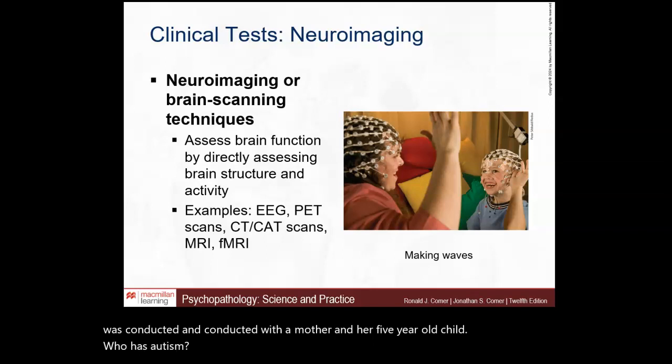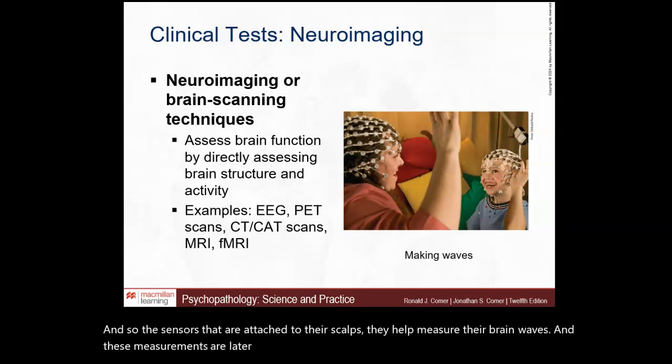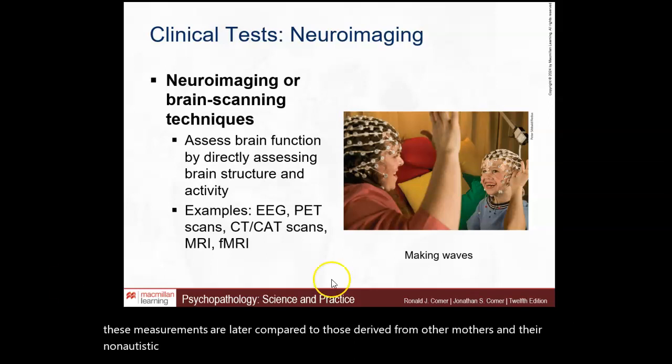The sensors that are attached to their scalps help measure their brain waves, and these measurements are later compared to those derived from other mothers and their non-autistic children during similar interactions.